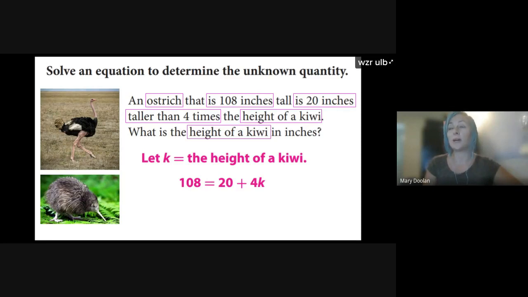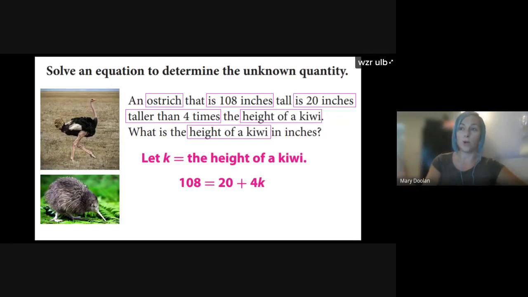And then we're going back to the sentence. An ostrich that is 108 inches tall. When you see the word is in a word problem, typically that means that's where your equal sign is going. Is the equal sign. So is 108 inches tall? What is 108? 20 inches taller than 4 times the height of a kiwi is.